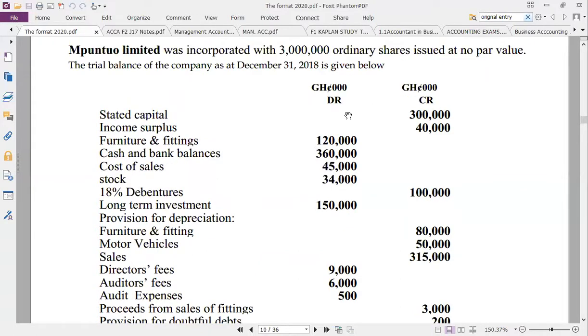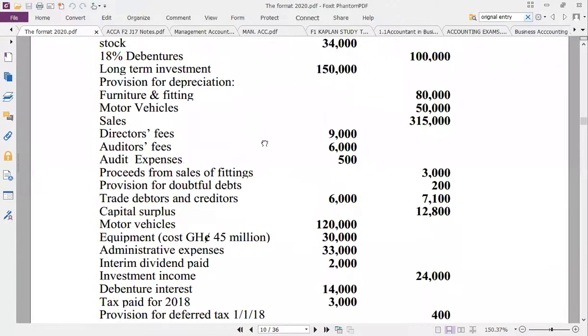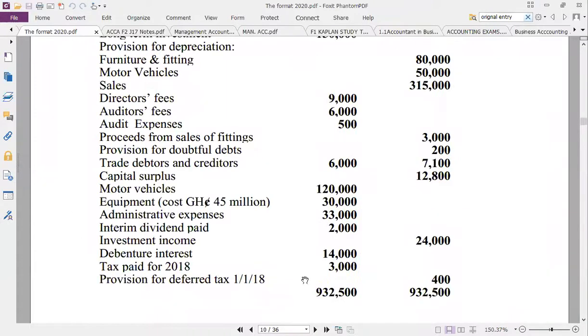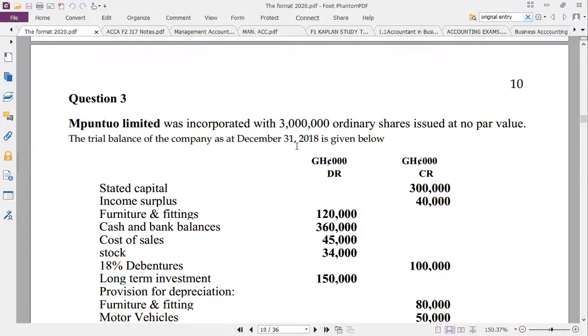We will be very fast, extremely. Good. So now let's go to the board and start the game. So the name of the company, Impuntio Limited, and then the reporting year, you can check on the trial balance, 31st December 2018.